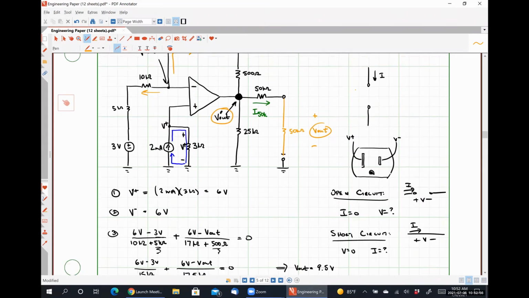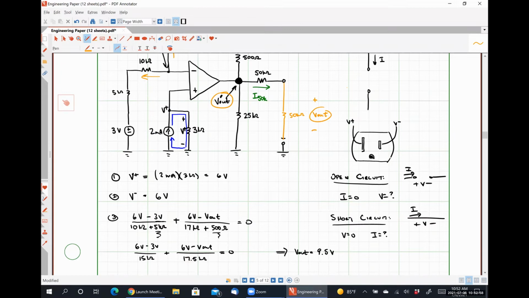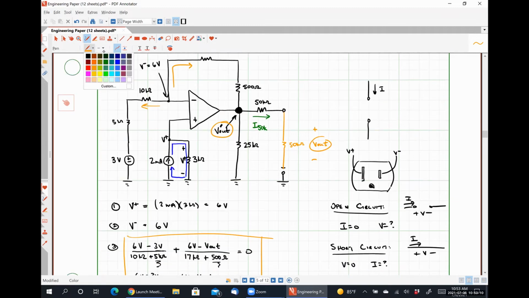So I want to go back through the analysis bit right here to explain what I'm talking about. All right. So when we wrote our KCL equation, these guys right here, that we had 6 volts, which was the voltage here, minus V out. All right. Well, V out, let me redraw this thing how it was.